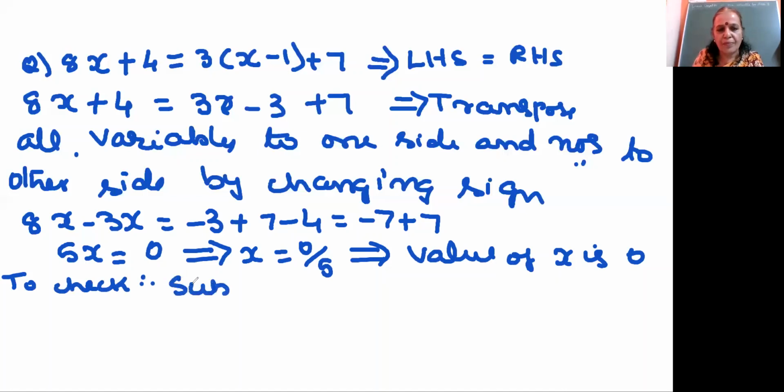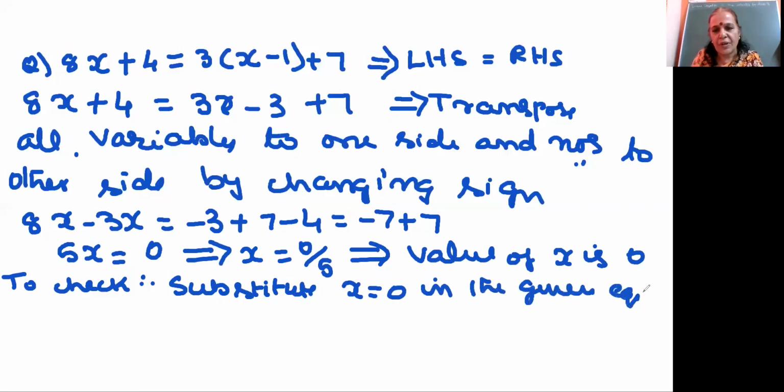Now, to check, substitute x equal to 0 in the given equation. That is, left hand side is equal to 8x plus 4.